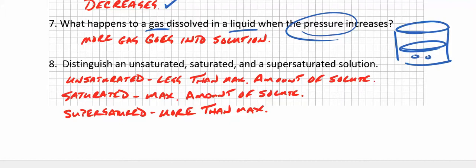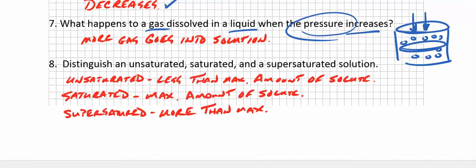You have these gas particles, right? Let's draw some that are outside the liquid. If you increase the pressure, you force these particles that were not previously in the liquid into the liquid. In other words, more gas goes into the solution when the pressure increases.